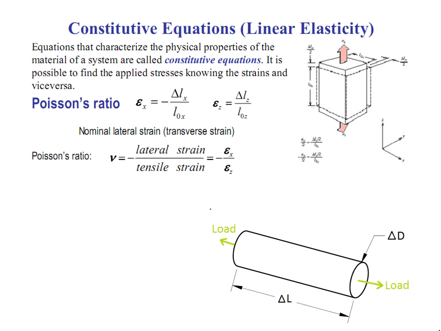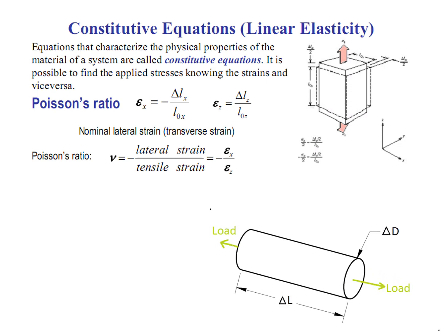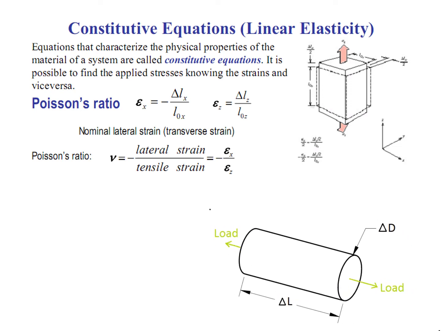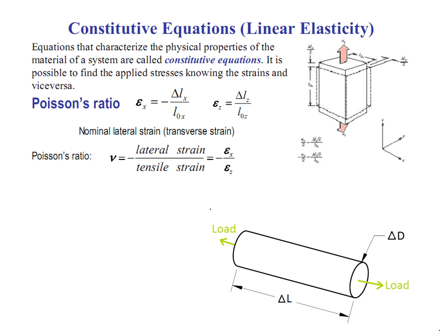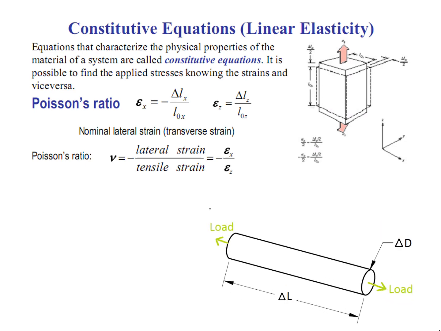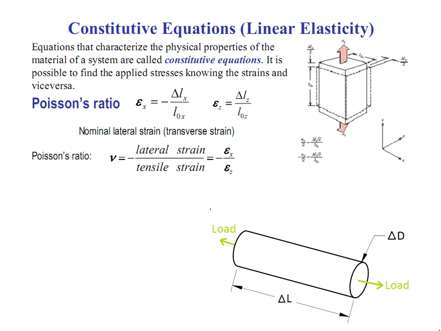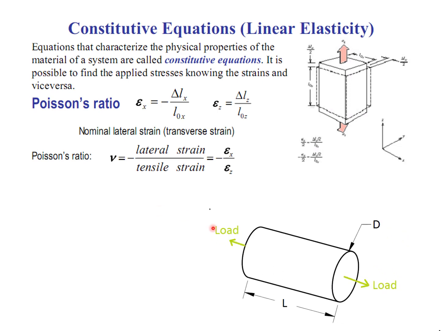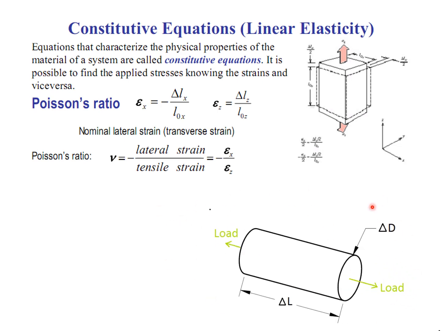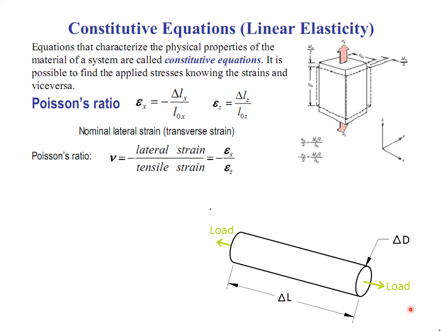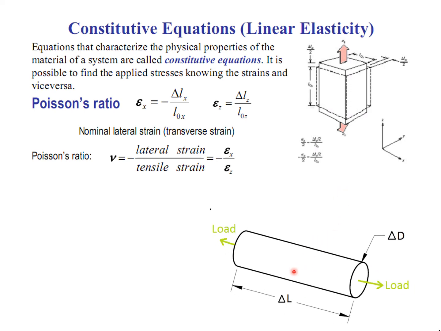Equations that characterize the physical properties of a material or a system are called constitutive equations. It is possible to find the applied stress knowing the strains and vice versa. First is the definition of Poisson's ratio. If you look at this rod, when we apply an extensional load, there is an extension and at the same time there is a lateral strain as well.